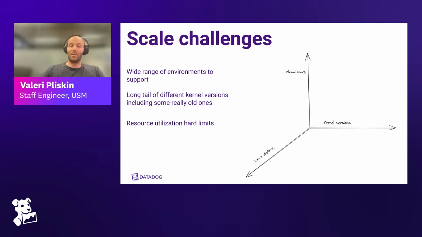So here eBPF comes very handy as it allows us much more efficient operation because we can shift some of the logic to the in-kernel execution probes. But we are still facing continuous challenges dealing with an enormous amount of data that requires extra filtering and being extra cautious when we deploy new agent versions.